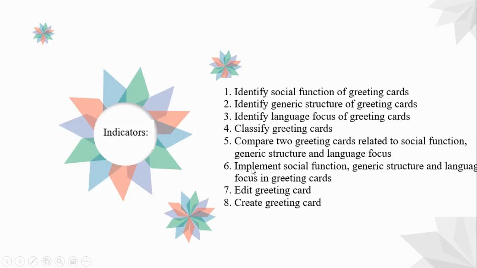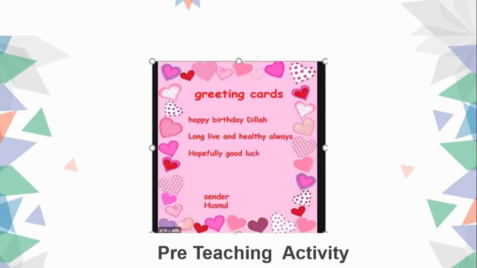And then number 6 could be considered as implementing or applying, or C3. And then number 7, edit greeting card, and number 8 could be considered as HOTS. So number 7 is part of analyzing, and number 8 could be considered as create.